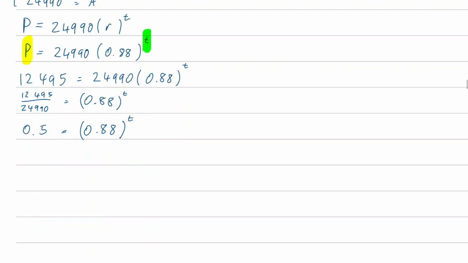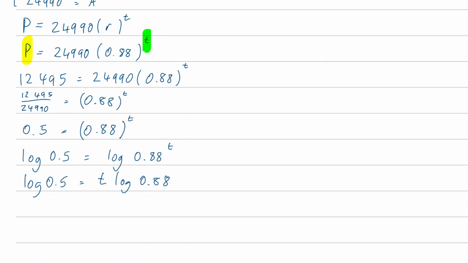Now to solve an exponential equation like this, we can take the log of both sides. So log of 0.5 equals log of 0.88 to the power of t. And then using the log law, which takes the power of the argument of the log, the argument just meaning what's inside the log, we take the power and bring it out the front to multiply by the log. So that becomes log of 0.5 equals t times log 0.88.